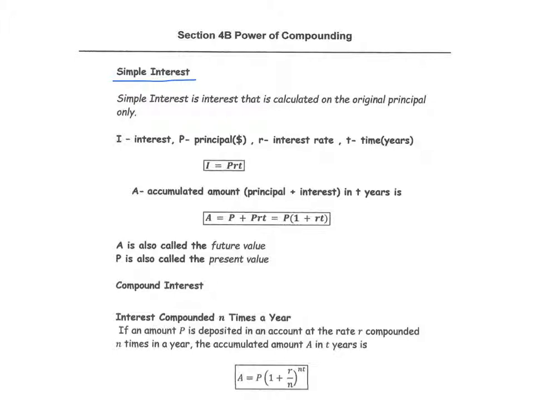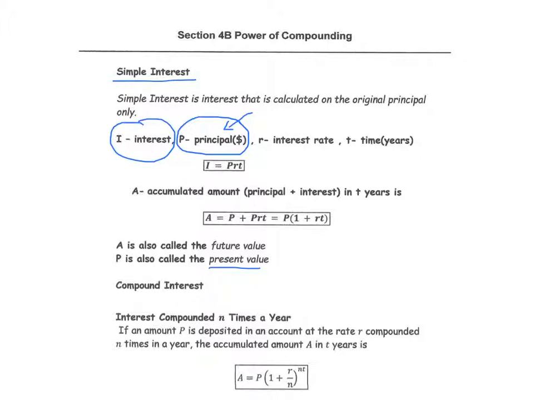Let's get used to some of these symbols, some of the letters that we use. I stands for interest. Interest is the money that gets added on to the basic amount that we invest in the account. The basic amount that we put into the account is called the principal, P. It's also called the present value.